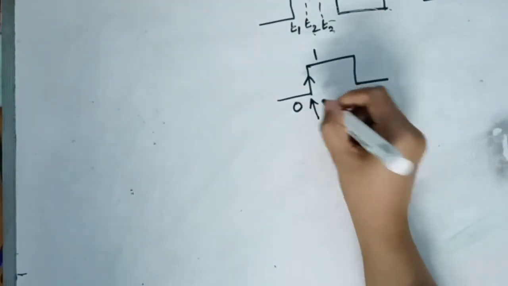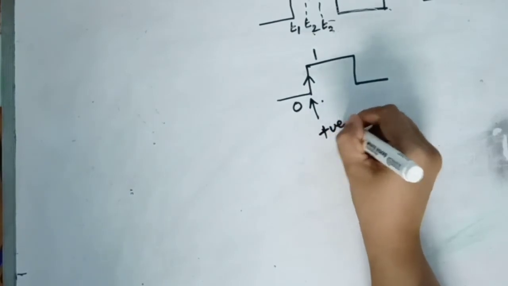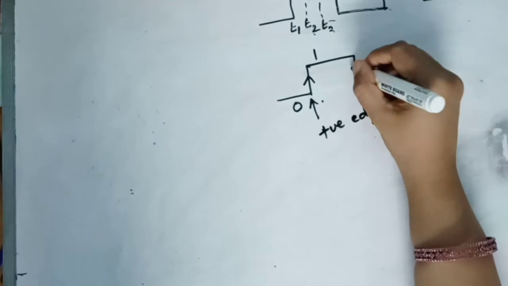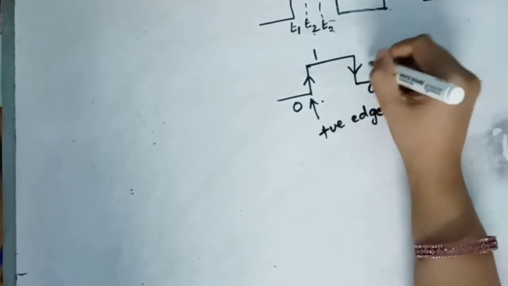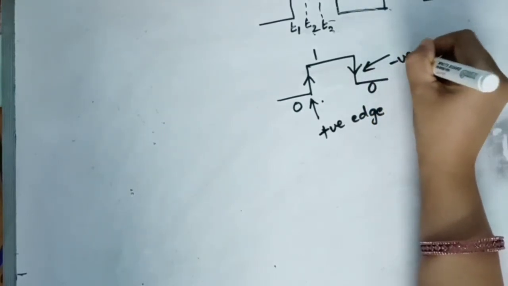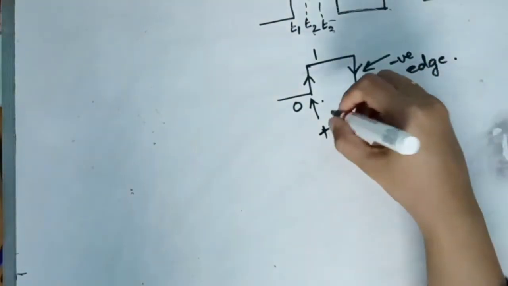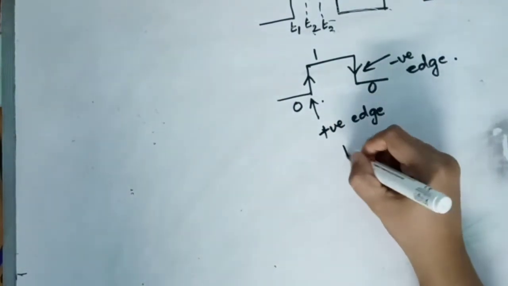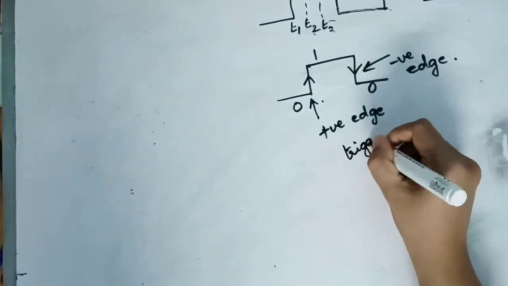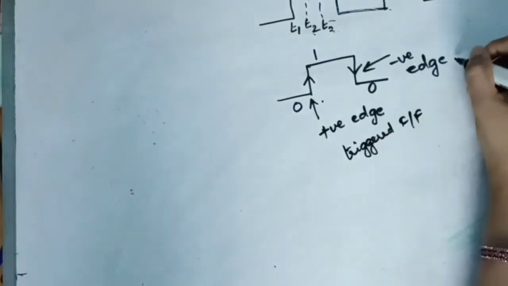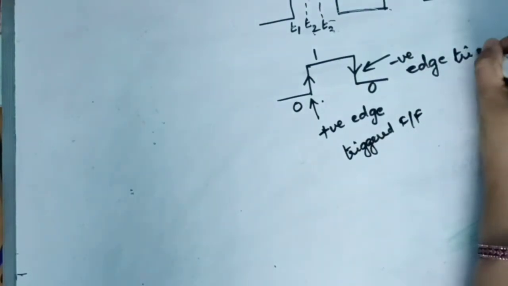This edge is called the positive edge, and 1 to 0 is called the negative edge. So you can make the flip-flop a positive edge triggered flip-flop, or a negative edge triggered flip-flop.